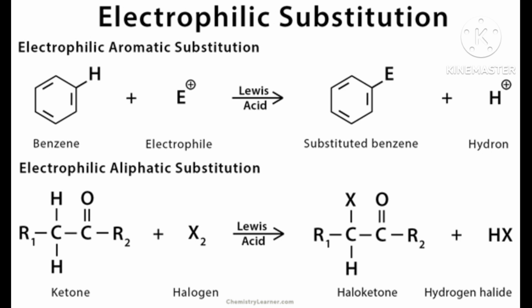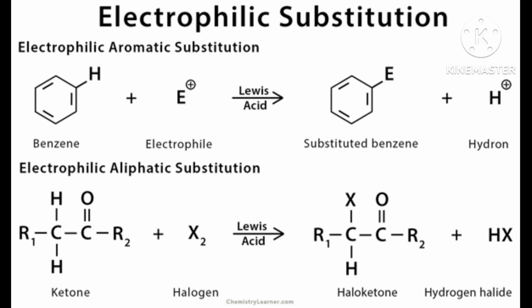The Markovnikov rule is very easy: hydrogen will join to that carbon which has more hydrogen, simply. And the Kharasch rule is there, where the case will be reversed, what I told with the minor product. But this requires peroxide, H2O2. A special condition is required.